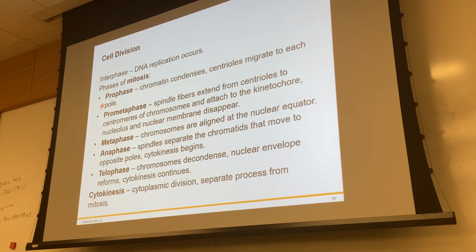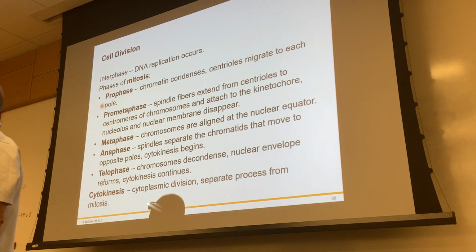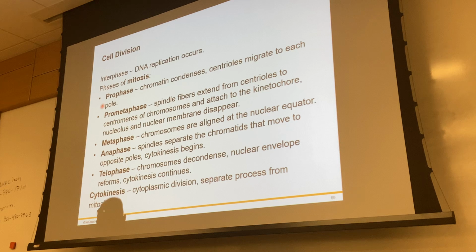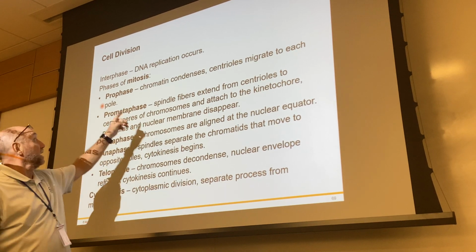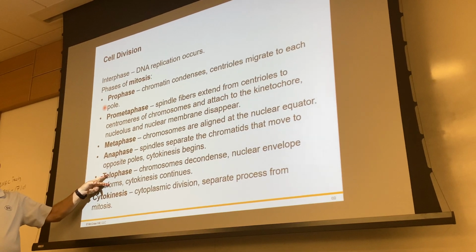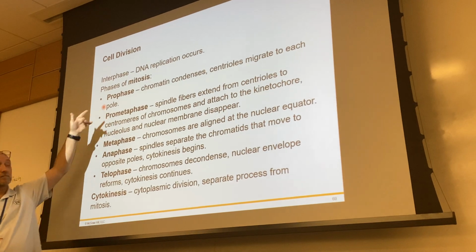And that process of unwinding allows the cell to then use DNA for what it is supposed to do: protein synthesis, lipid synthesis, carbohydrate synthesis. So making stuff. So the unraveling of the DNA basically allows it to get used. So whatever happens in prophase happens in telophase. Right? So this is the cleanup phase, this is the setup phase.